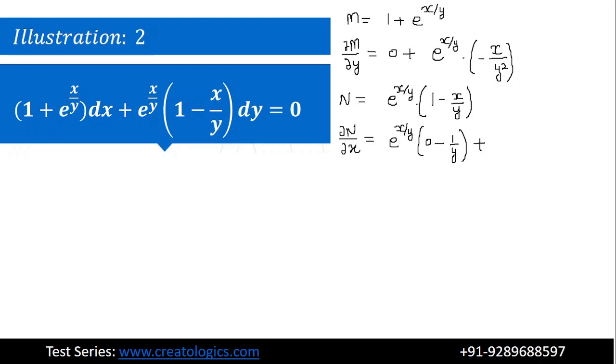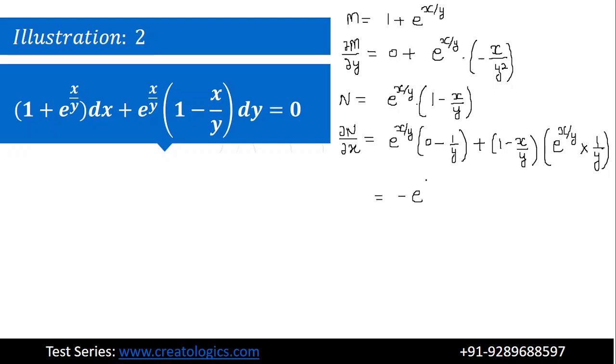Now plus sign. Now keep this 1 minus x upon y same and differentiate e raised to the power x upon y. I will get e raised to the power x upon y into the derivative of x upon y with respect to x. So I get 1 upon y only, keeping y constant. So let's further simplify this.